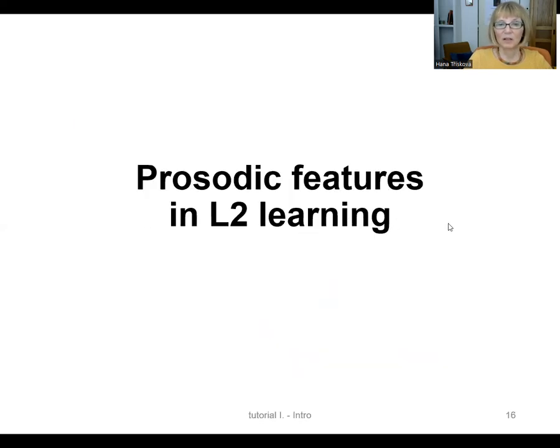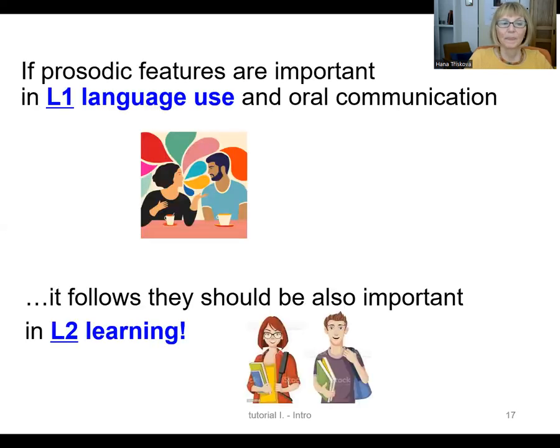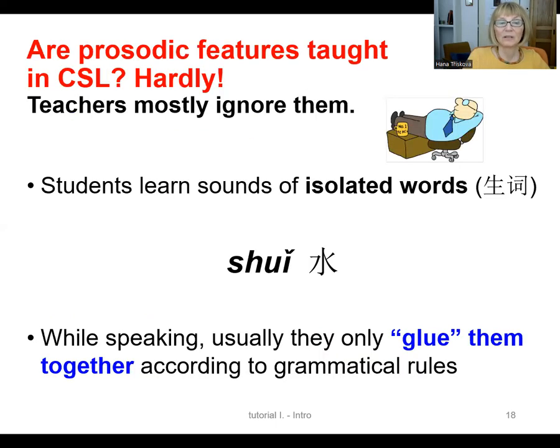So let's look at prosodic features in second language learning. If prosodic features are so important in first language use and in oral communication, it follows logically that they should also be important in second language learning. But they are hardly taught.